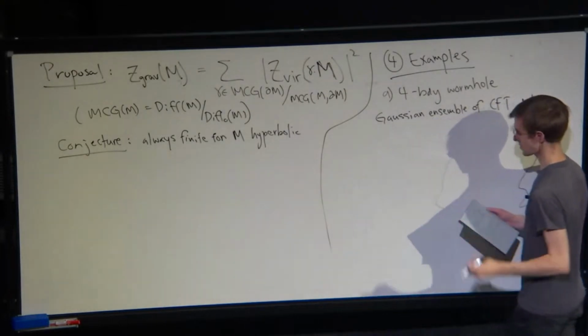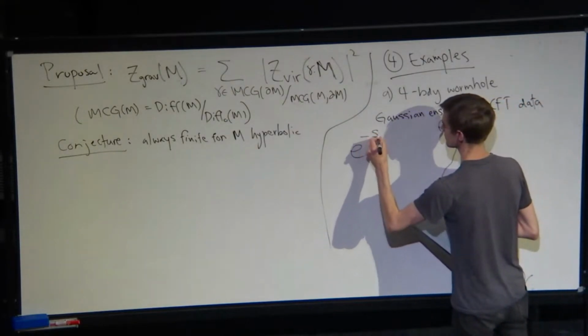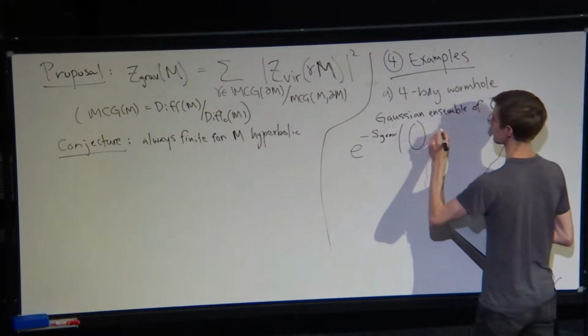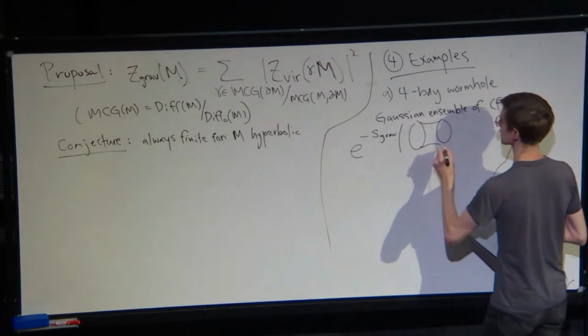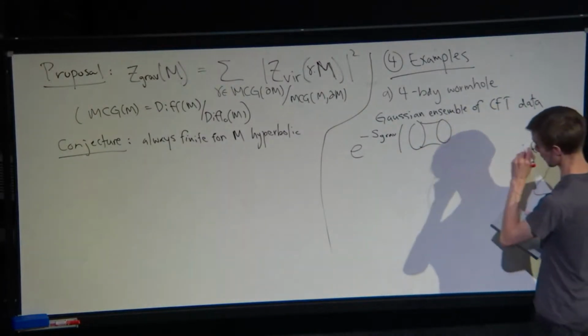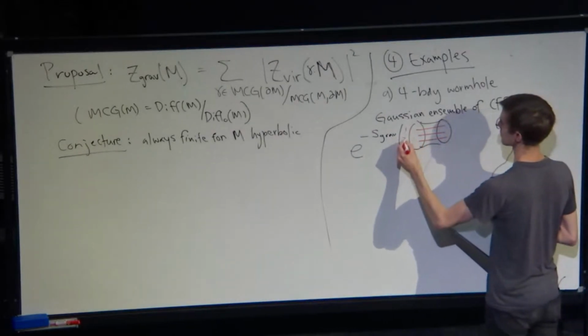To briefly summarize the upshot of that discussion, there is a calculation of the on-shell action of this 2-boundary wormhole, which I'll draw like this. So each boundary here is a 2-sphere. There are 3 operator insertions that traverse the wormhole. 1, 2, 3.